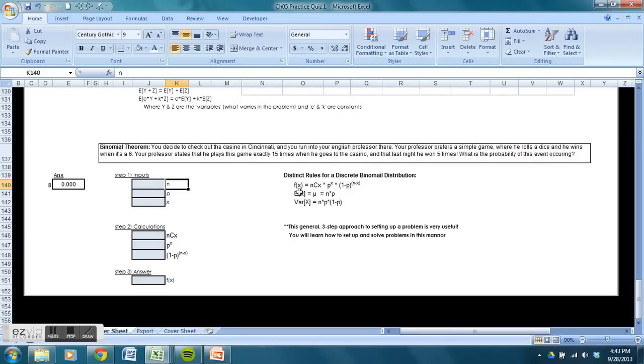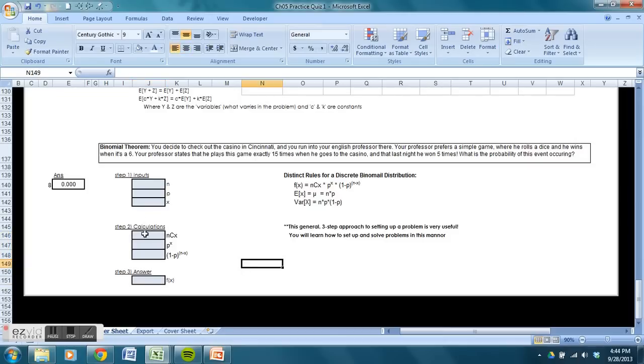It's what can change to solve for something. You can see in this problem there are 3 things that you need to know in order to solve it, and that's n, p, and x. So make an input section. Two, make a calculation section where you do the calculations to, three, get your answer.